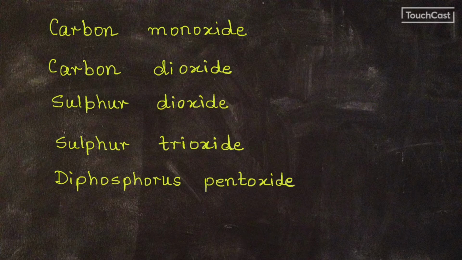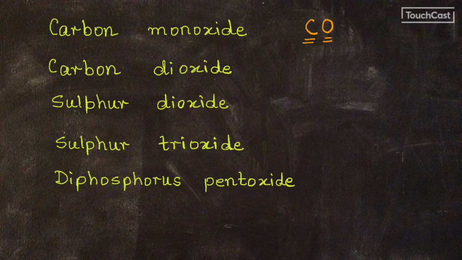So when I say a compound is carbon monoxide, so this is carbon. Monoxide means there's only one oxygen attached to it. Be careful, there's a capital C and there's a capital O. Now you must be wondering, why am I not doing the crisscross method?